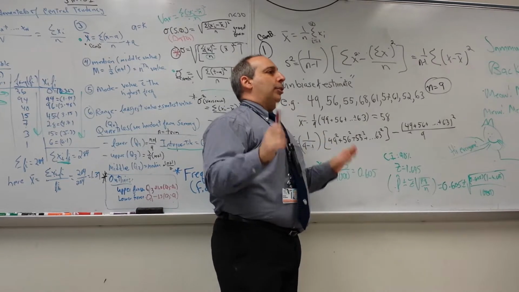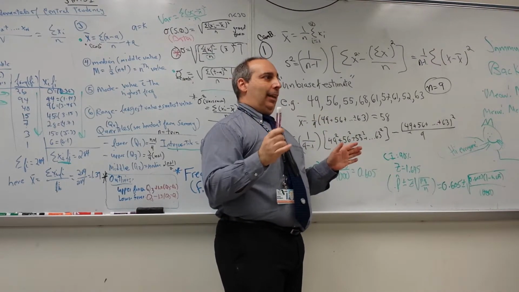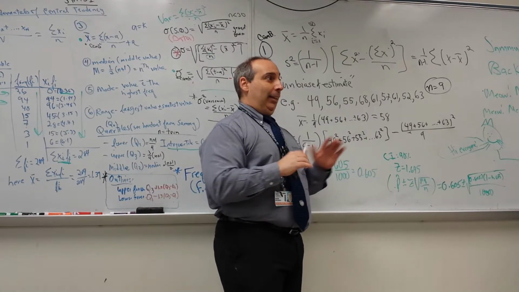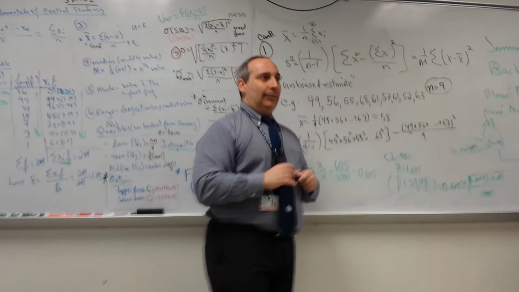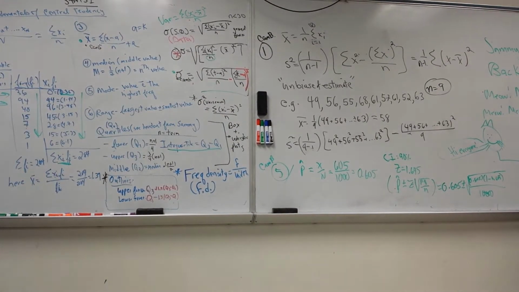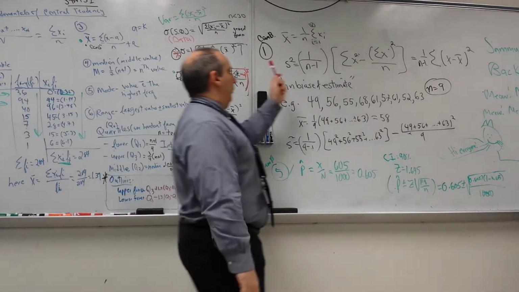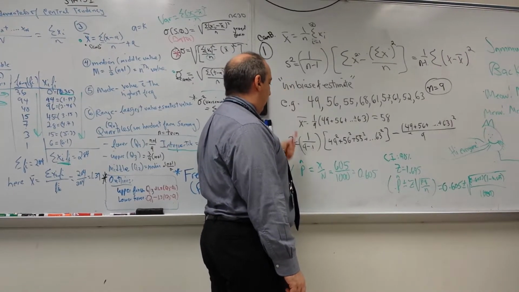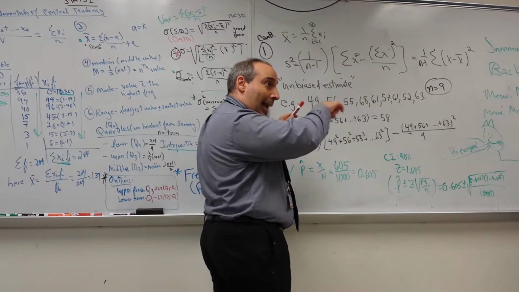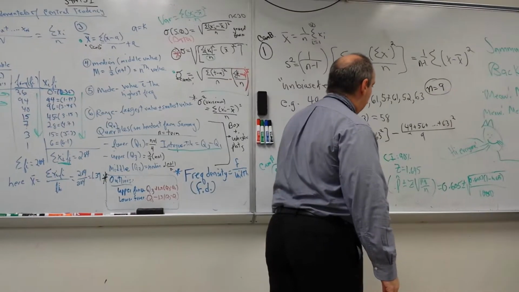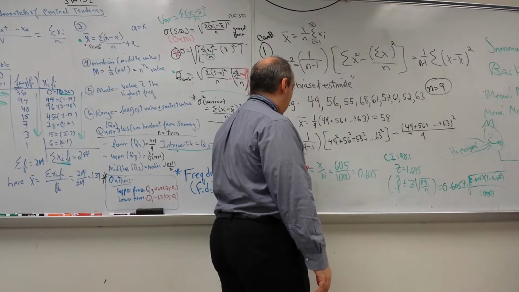All right, do yourself a favor and write these 4 things down that I'm going to tell you. No specific order. Unbiased estimate. Know how to do unbiased estimate, and then underneath a little dash: you should know how to calculate the mean, also how to calculate the variance and standard deviation.